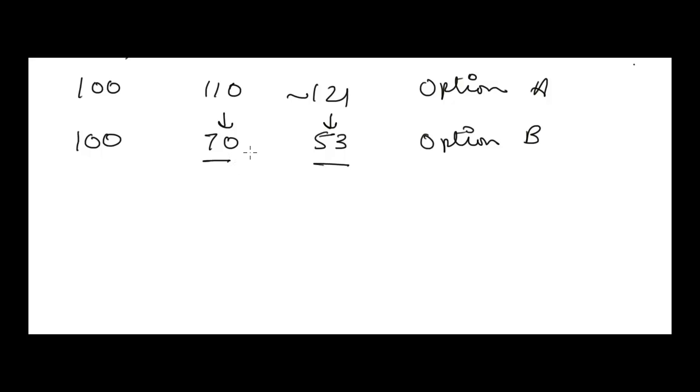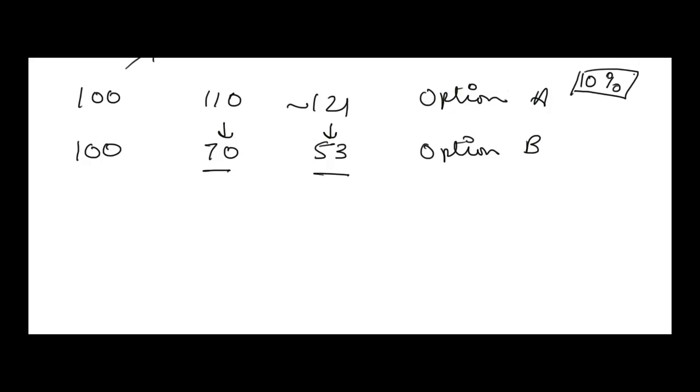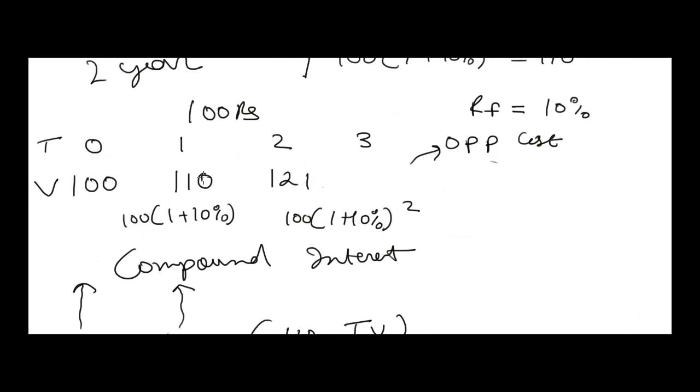So I want to find out whether both make the same deal, and this comparison is valid because you have a 10% interest rate in the bank, which is your opportunity cost or risk-free rate. So you have to find out how much 70 rupees after 1 year means to you. And if you observe what we did, 110 after 1 year means 100 rupees to you today.